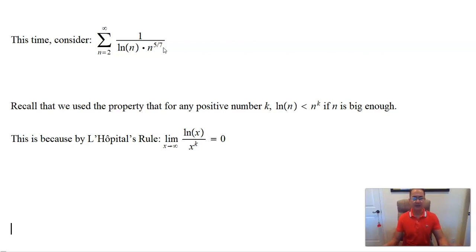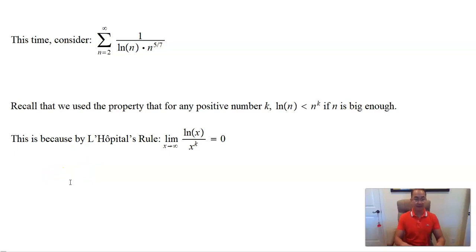All right, so therefore, the k that we should pick should be small enough so that when we replace ln of n with n to the k, the final power that we get in the denominator should still be smaller than 1.